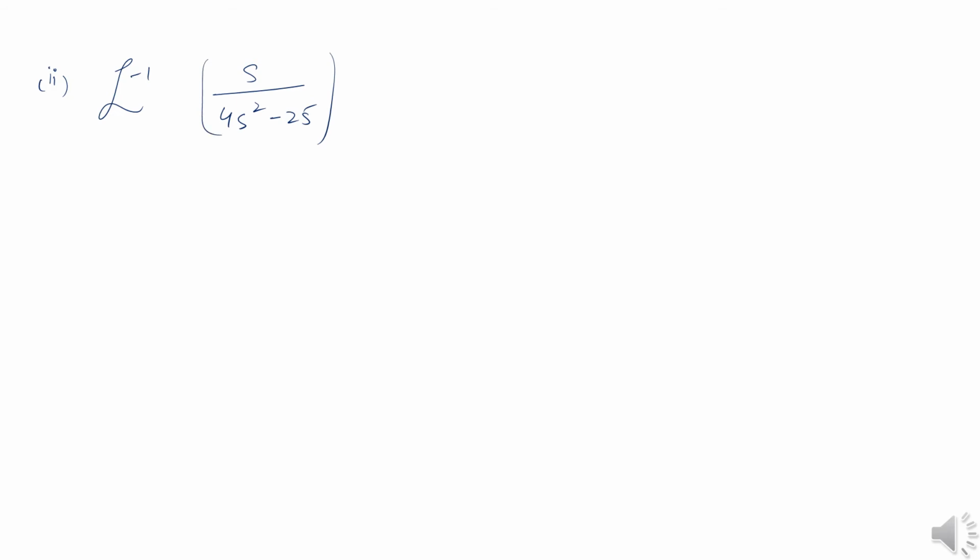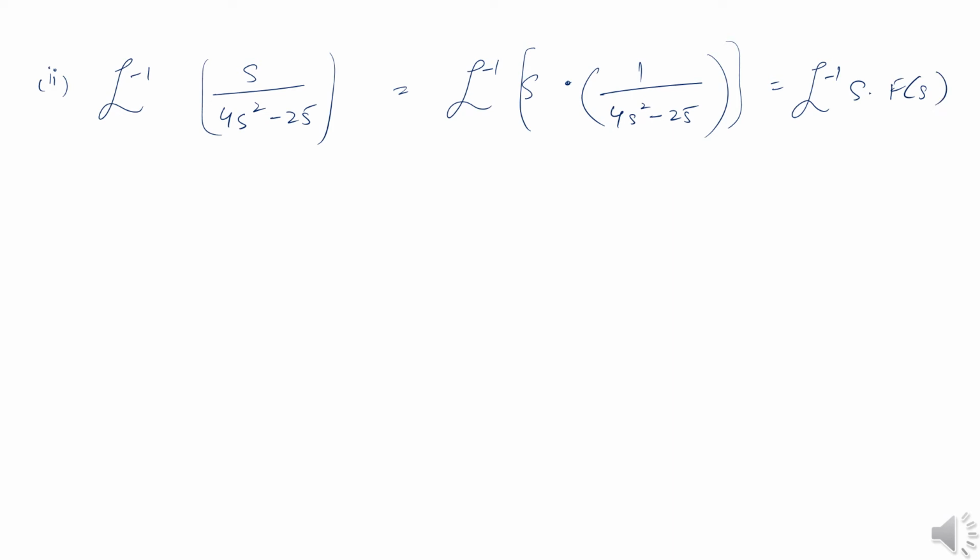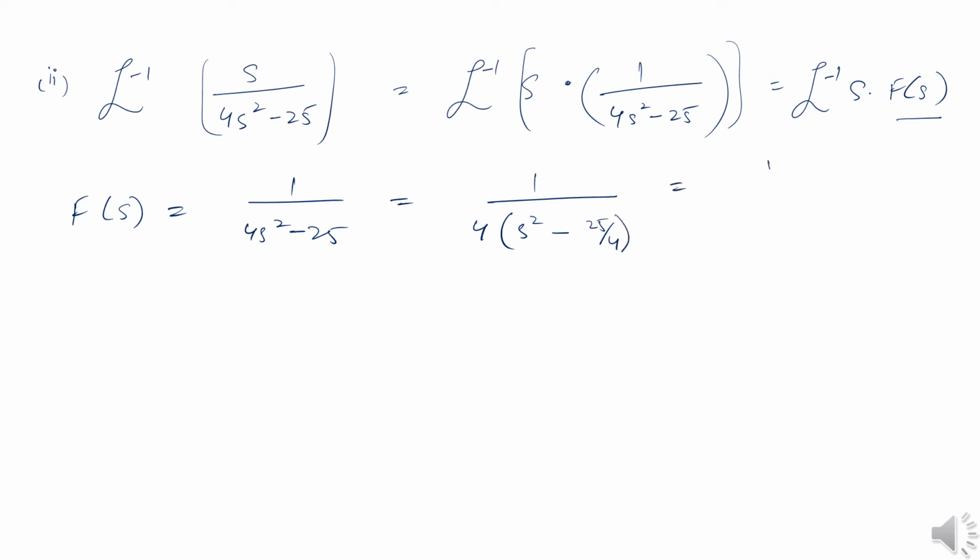I can break this problem again like we did in the previous section: s dot F(s). F(s) in this case is 1 over 4s squared minus 25. I can simplify it further. I will take 4 common, leaving 25 over 4 in the bracket, and I can write it as 5 over 2 squared.